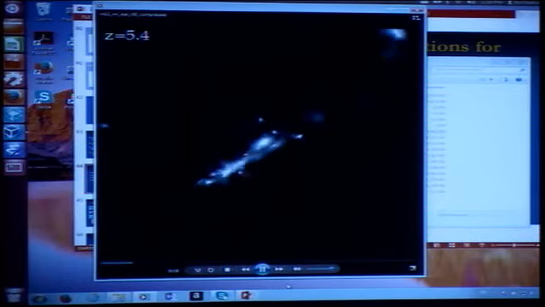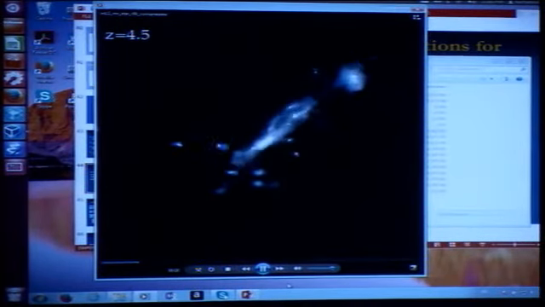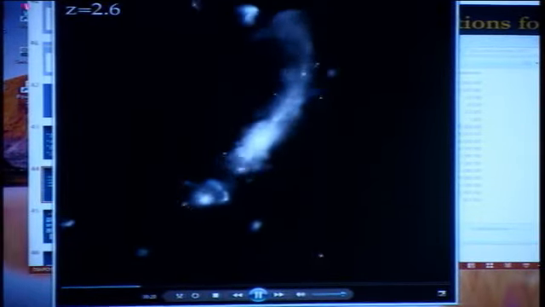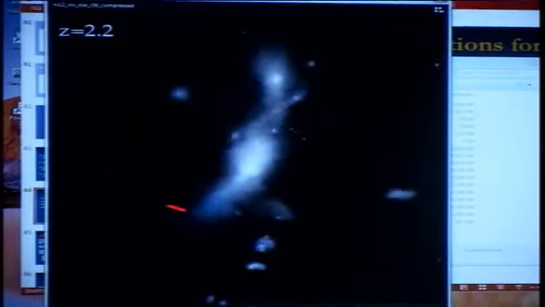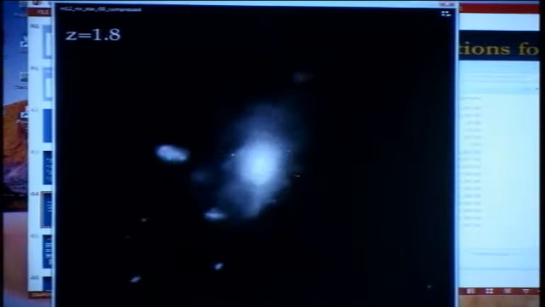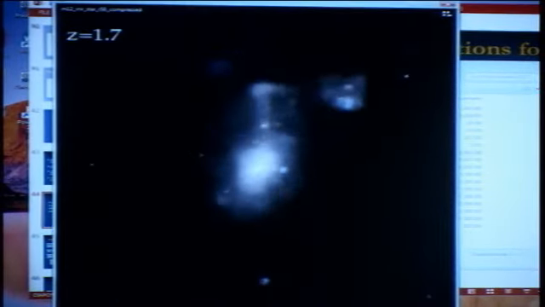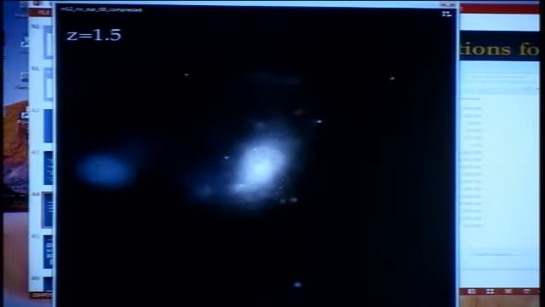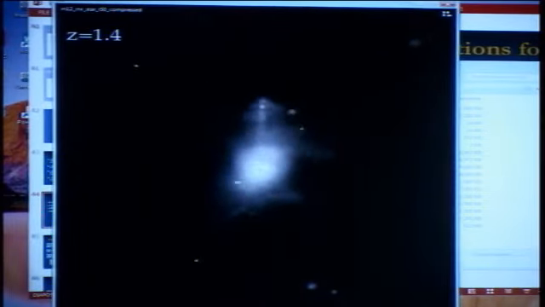Okay, this movie shows what the colors and appearance in the optical bands should be of a galaxy like our own when it is forming. See that this is the redshift value, and you see how our own galaxy should have appeared more or less at this epoch, according to this simulation. This is an attempt to reproduce these things.